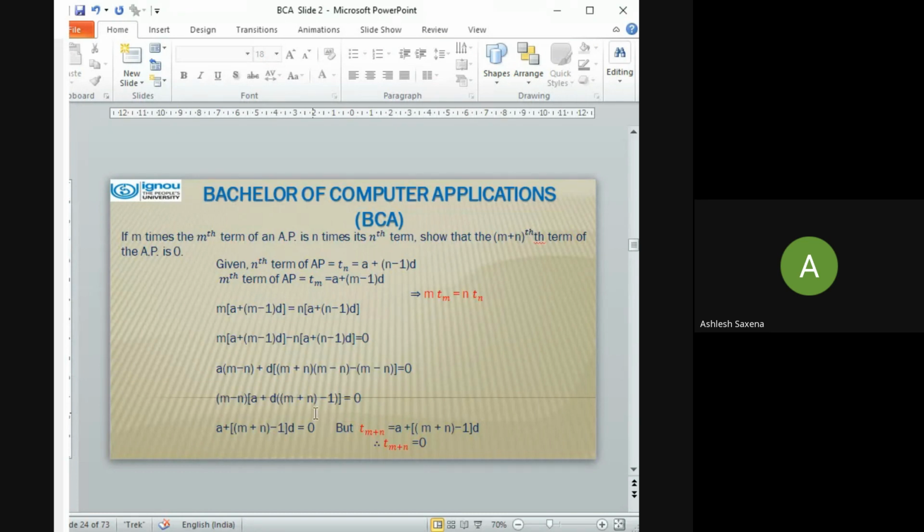We have just transformed it. This transformation has been done for this purpose, because your T(m plus n) will be this. The value of this is 0. That means you will get T(m plus n) equal to 0. That was what was asked in the problem.